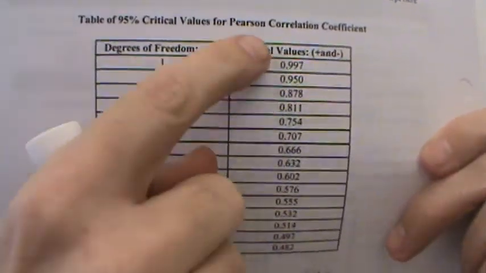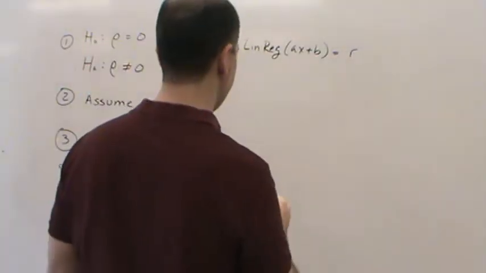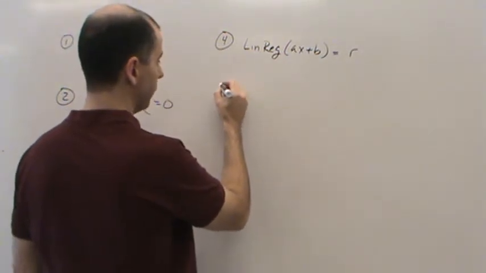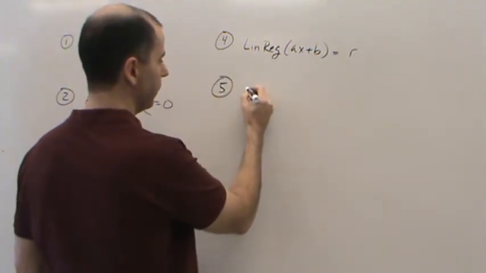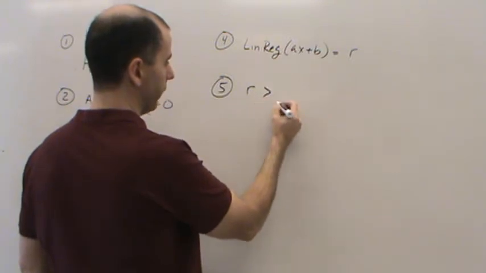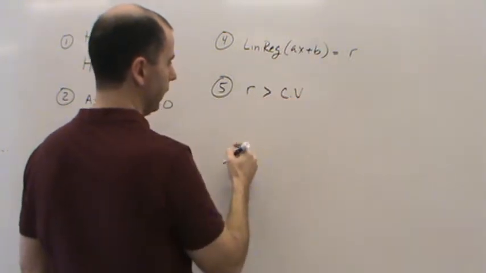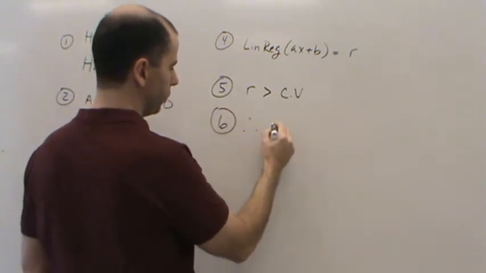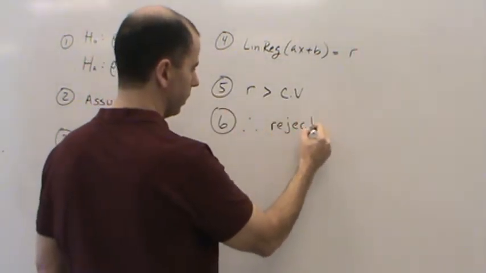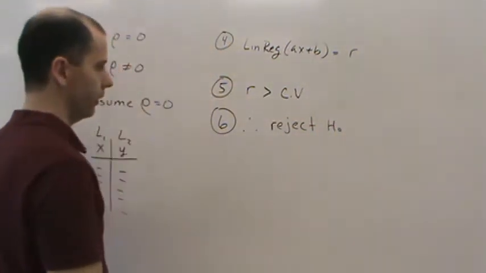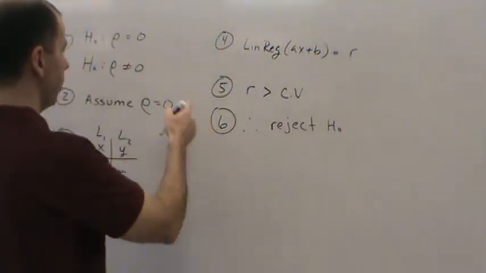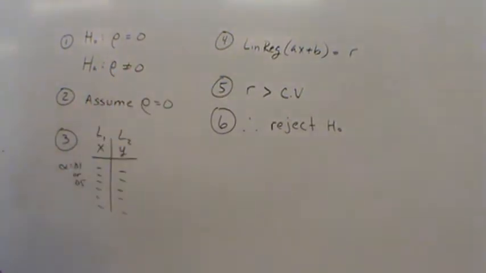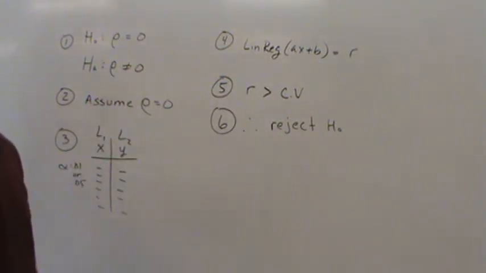Once you find your critical value, the way the test works is this: your comparison is, is r greater than your critical value? If r is bigger than your critical value, then you reject the null. And if you reject the null, then there is strong evidence to support that there is a significant correlation between the two variables.